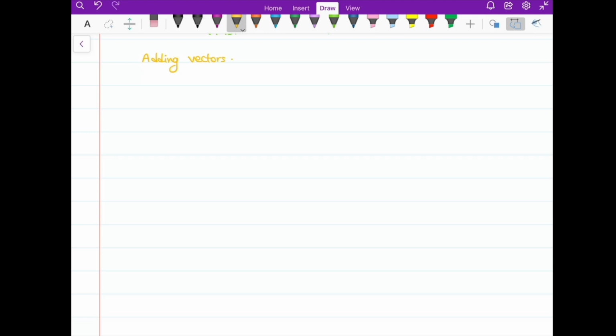Okay, very good. Let's go to some algebraic operations on vectors, like adding vectors. How do we do that? Geometrically, we have what? I'm starting at this point and I'm gonna graph a vector.